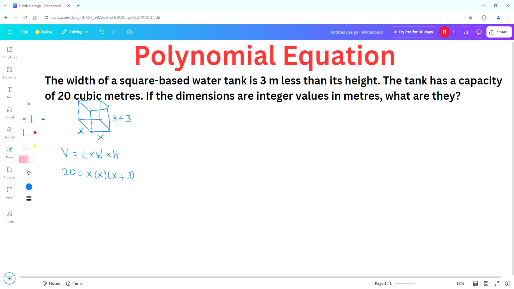The first step is to multiply the terms on the right side. X times x is x squared. Next, we can distribute x squared into the parentheses. We can multiply both terms by x squared.